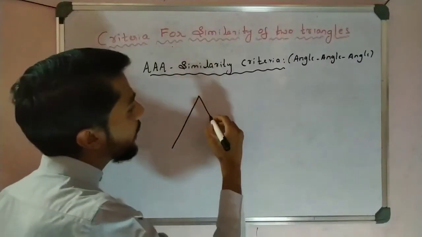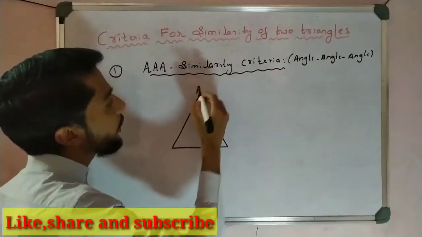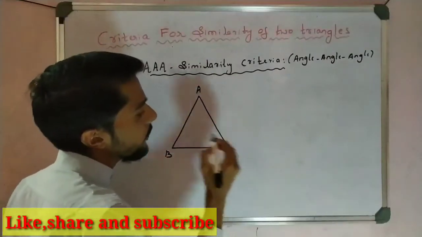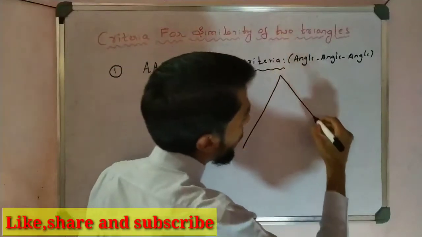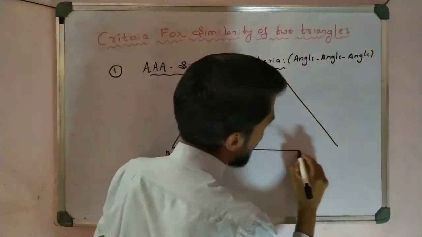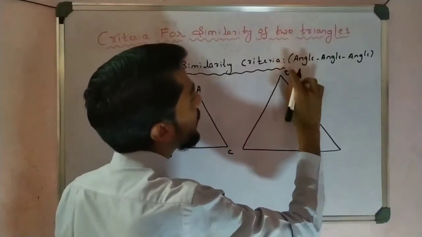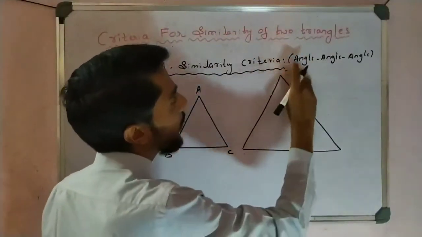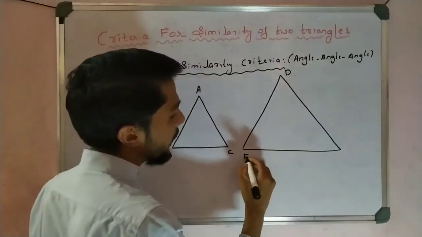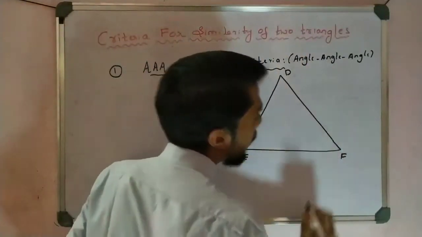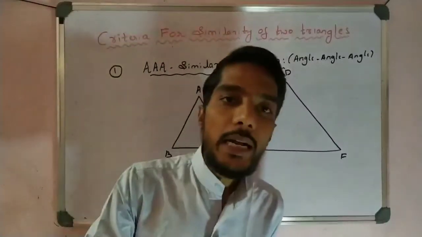I take one triangle and name it A, B and C, and I take another triangle and name it D, E, F. You can take anything, PQR or DEF.